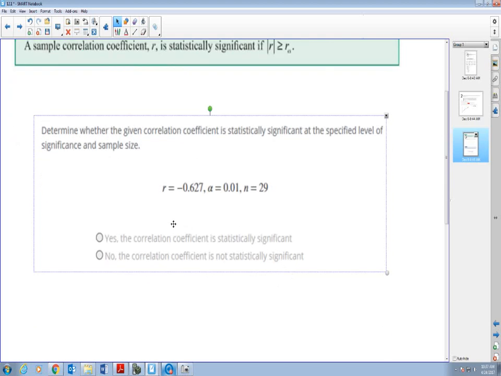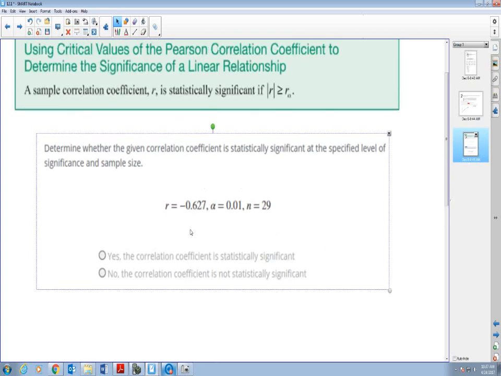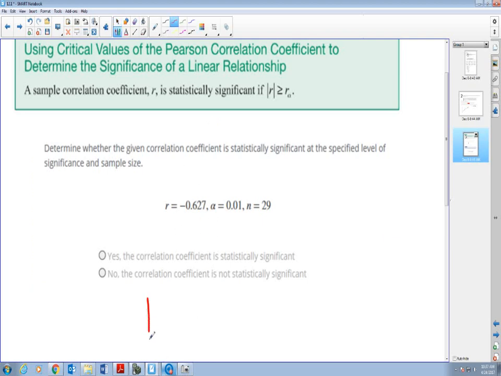So for us to determine whether this simple correlation coefficient R is statistically significant or not, we take the absolute value of my simple correlation coefficient, negative 0.627.